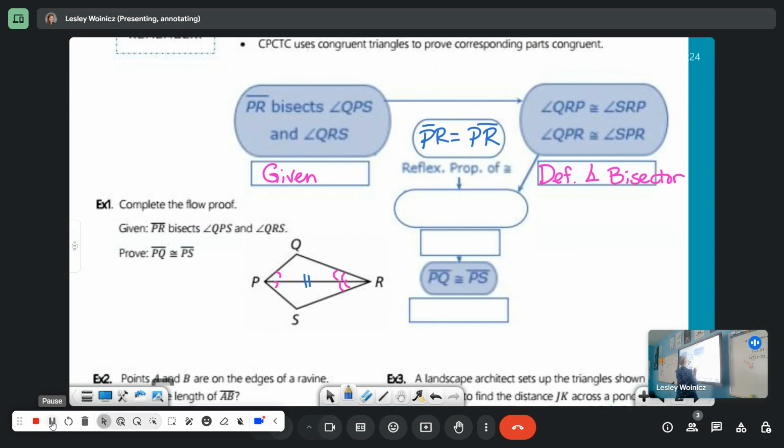Make sure that you get the letters in the right order when you write your congruent statement. So I'm going to say triangle PQR is congruent to triangle PSR.